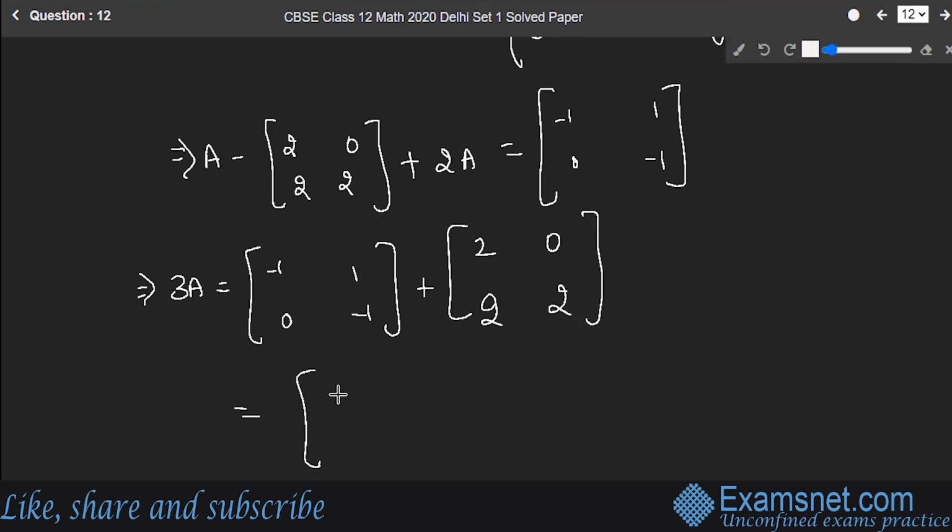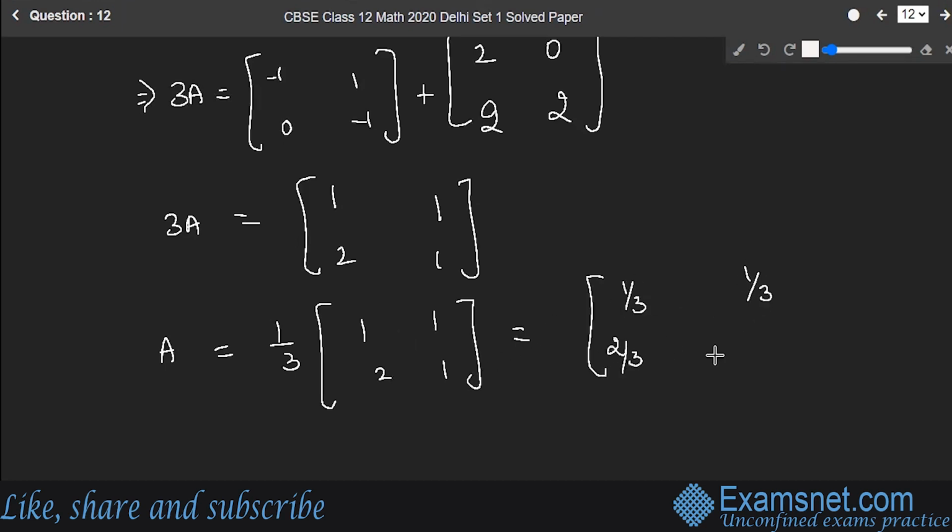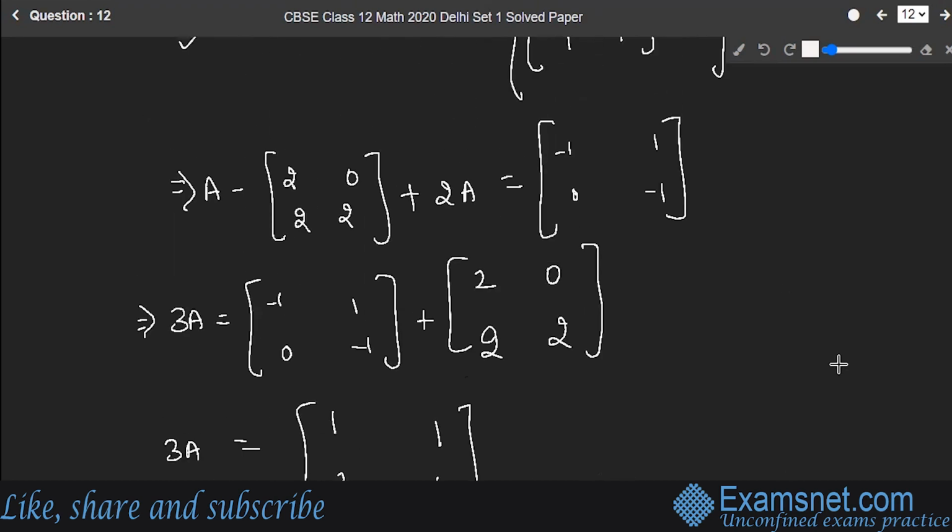And this is equal to 1, 1, 2, 1. That's equal to 3A. And what will be the value of A? It will be 1 by 3 times 1, 1, 2, 1, or this is equal to 1 by 3, 1 by 3, 2 by 3, 1 by 3.